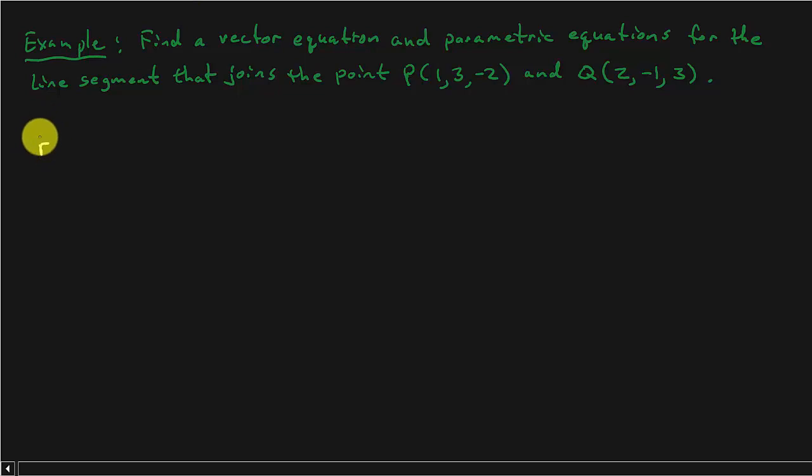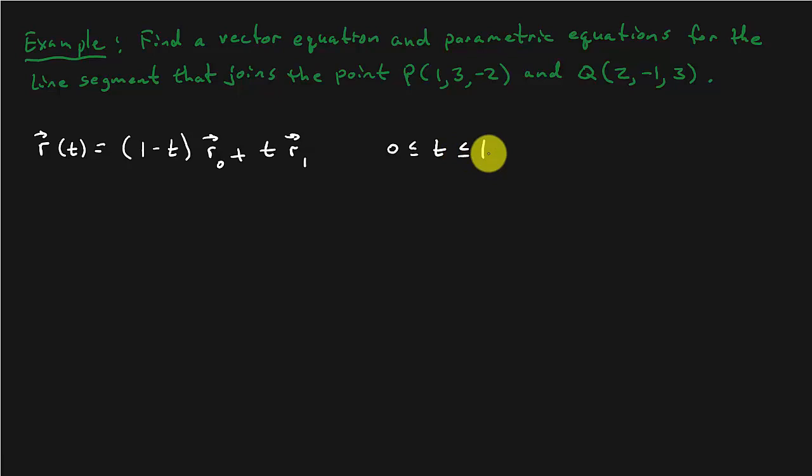You had a property there that said r(t) is equal to (1 minus t) times vector r0 plus t times vector r1, where 0 is less than or equal to t, less than or equal to 1. If you can, go back to that section and look at that property.